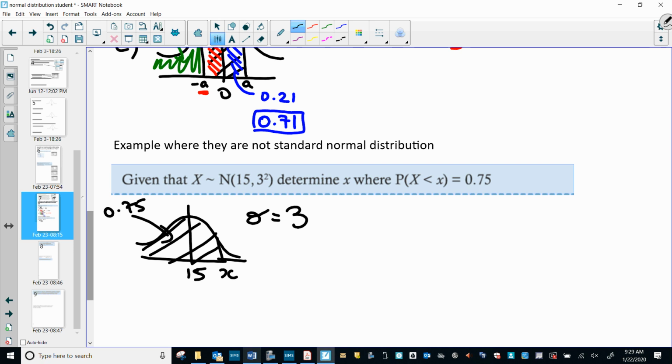So we go to that same menu. Same thing, but obviously this time we're changing our mean and standard deviation.